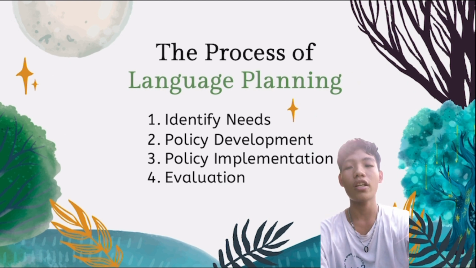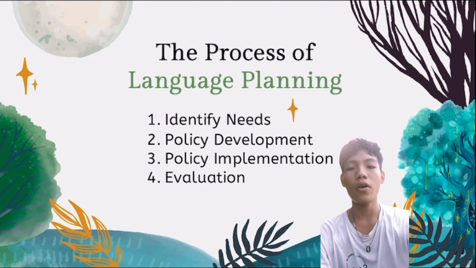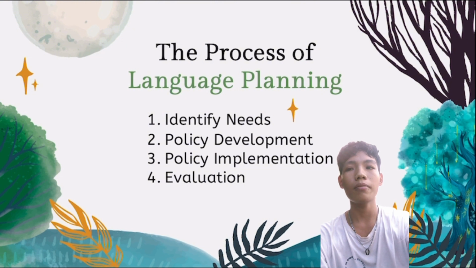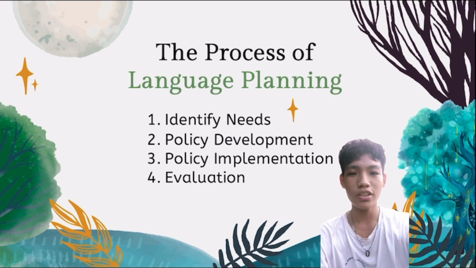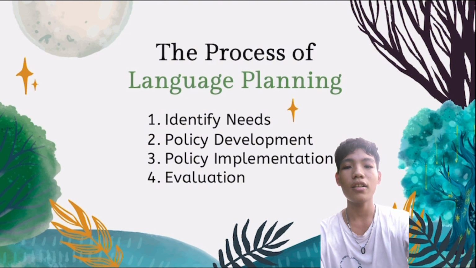For example, a government found a small group of people with disabilities who have difficulties communicating, so the government has to make a program to help them communicate well. They have to plan how they can use language to communicate with each other.